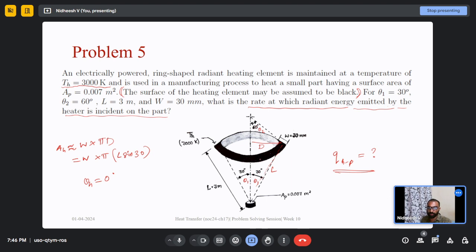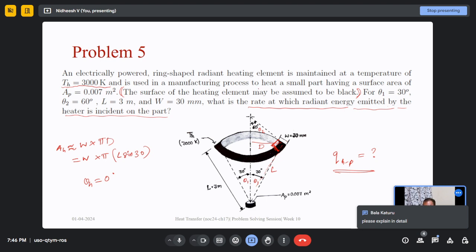So 60 plus 30, it is 90 degrees. And so this is a right angle, right? That part is clear, right? So we can see that the line joining the centers of these two, emitter and receiver, itself is the normal of the emitter. So since it is the same line, please explain in detail.